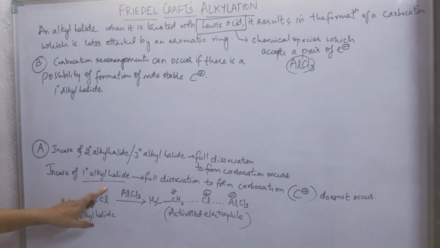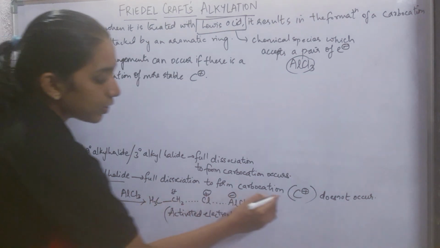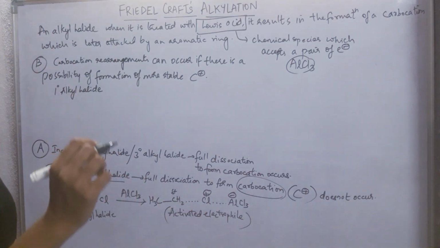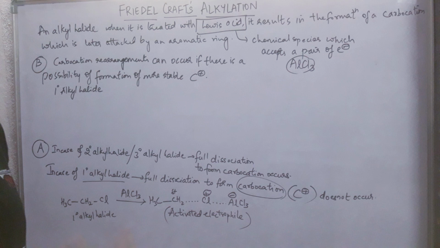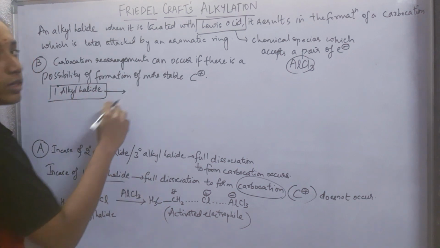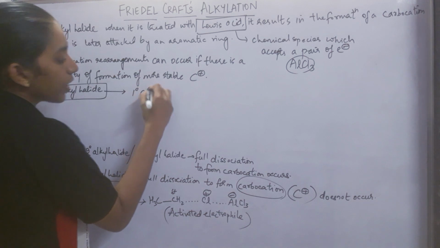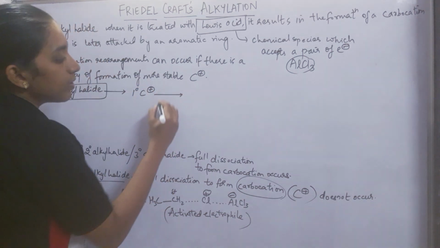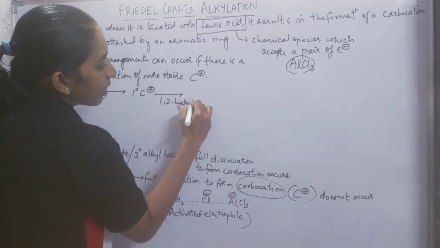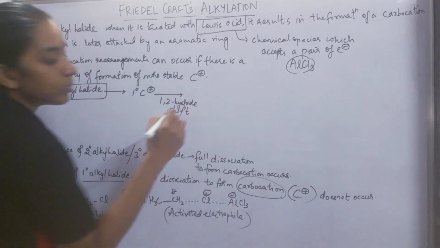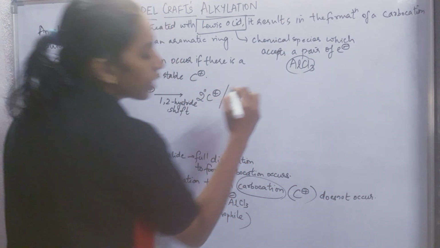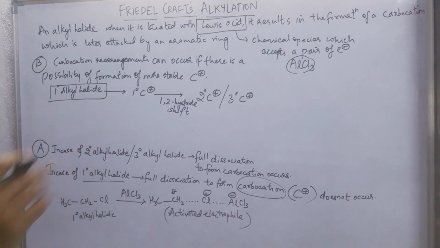That if we take a primary alkyl halide, it will not dissociate to form a carbocation. But if there is a possibility of formation of a secondary or tertiary carbocation, then we can take the primary alkyl halide, convert it into a primary carbocation, and then it can rearrange. It will undergo hydride shift and form a more stable secondary carbocation or tertiary carbocation. We will see this through an example.